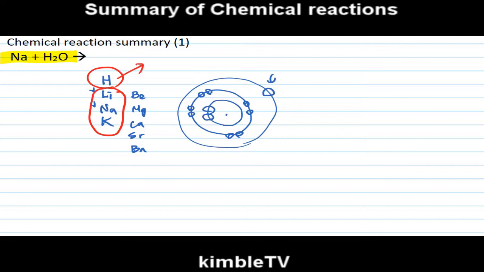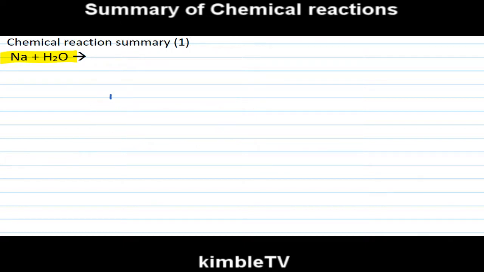So as a result, this reaction occurs very quickly, dangerously. And have a look: when sodium meets water, it loses its valence electron, and then it becomes a sodium ion, because the sodium ion has 1 more proton than electron.